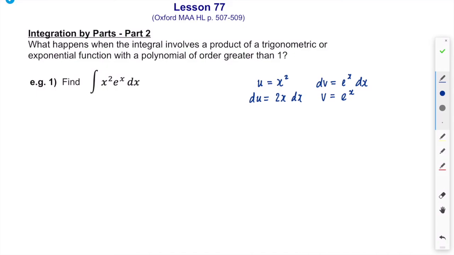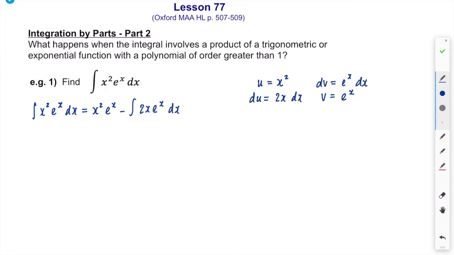So let's plug this into the uv minus integral v du formula for integration by parts. We will have x squared times e to the x minus v du, which becomes 2x e to the power of x dx.